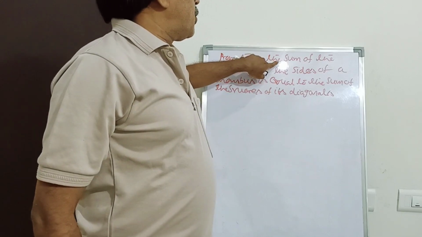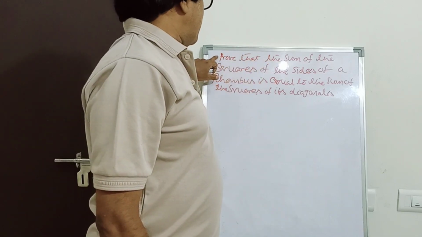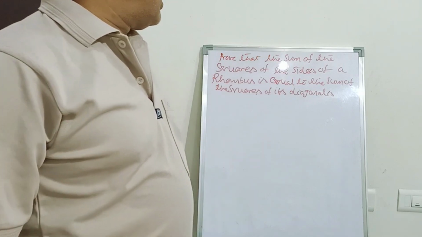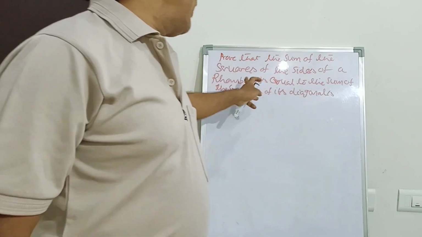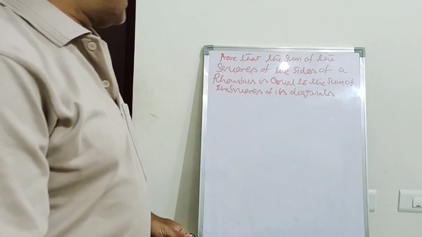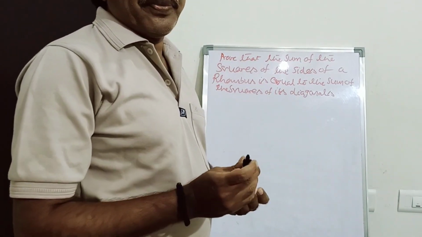Let's move on to the next important rider. Prove that the sum of the squares of the sides of a rhombus is equal to the sum of the squares of its diagonals.